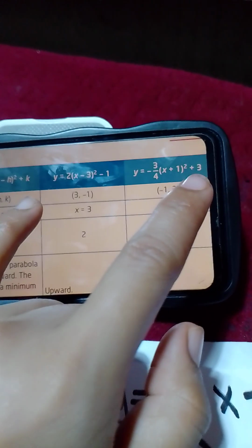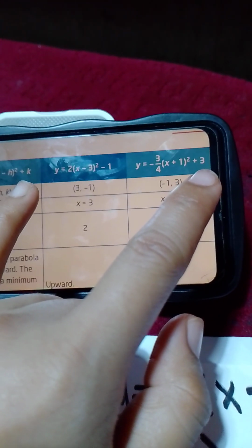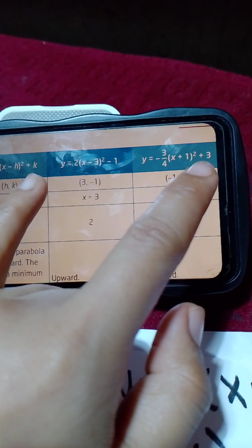And since the k is just addition, the sign is the same, so we just follow the number, positive 3.